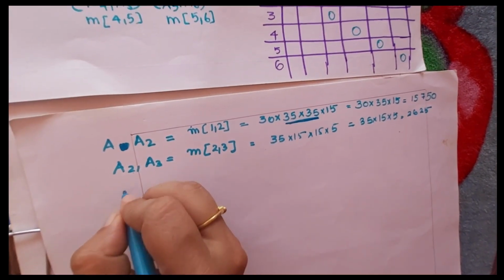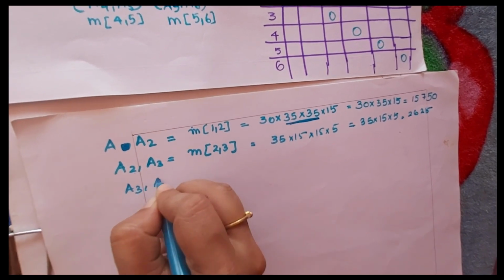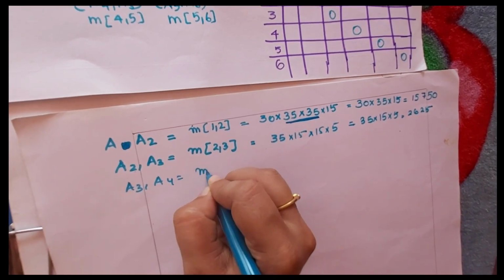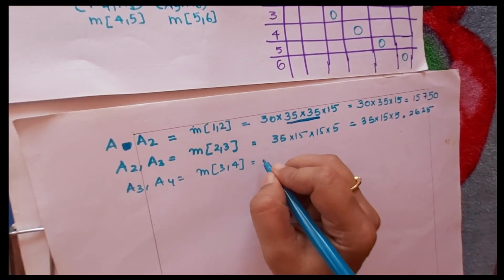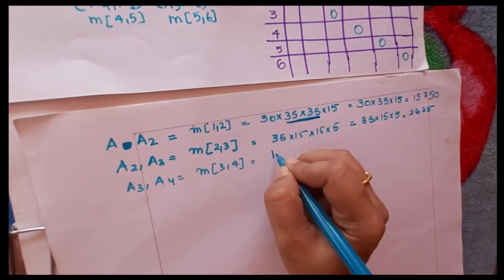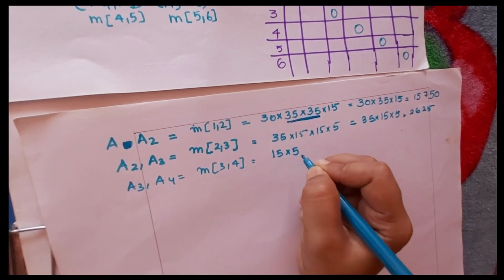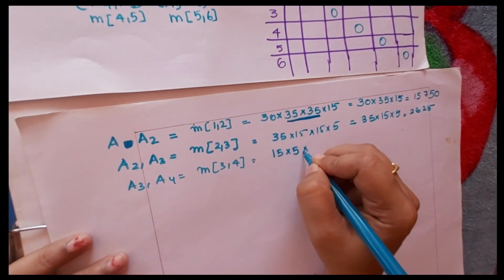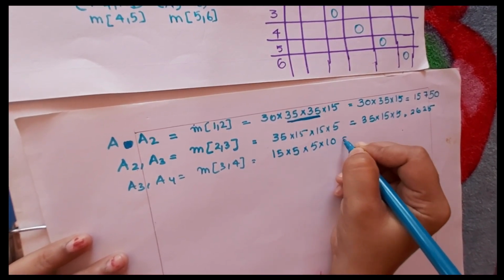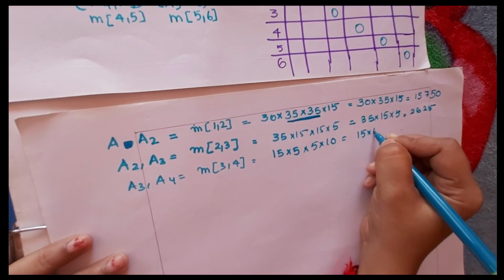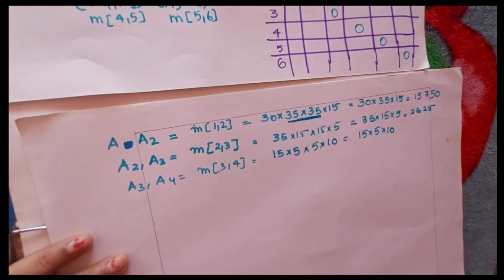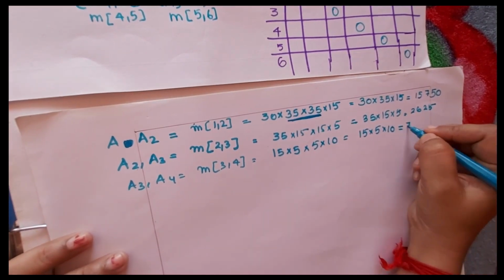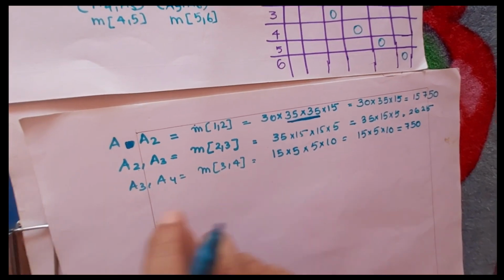Next we are going to write A3 comma A4. That can be written as M of 3 comma 4, where the third matrix order is 15 into 5, and the fourth matrix order is 5 into 10. So that is written as 15 into 5 into 10, which is 750.